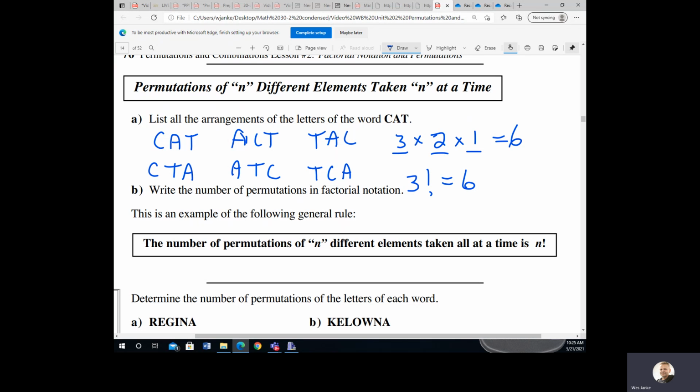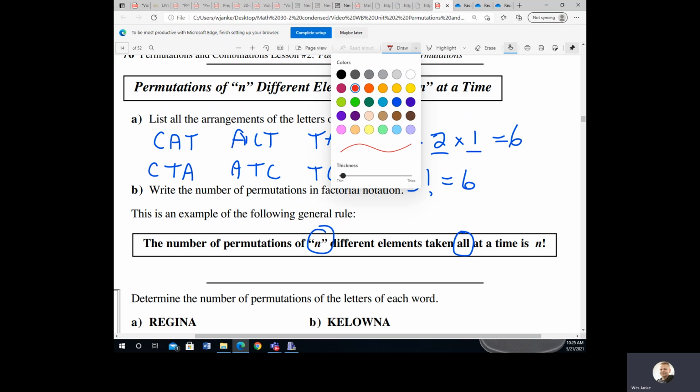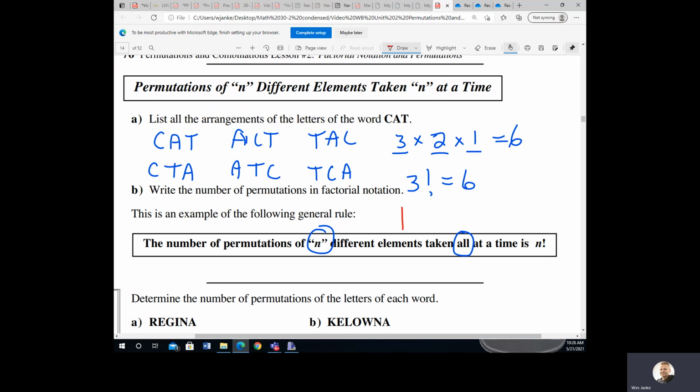The number of permutations of n different elements taken all at a time is n factorial. The way we write this as a permutation is we have P for permutation or for pick. So we have 3 elements and we're going to pick them 3 at a time. And that is going to equal 6.